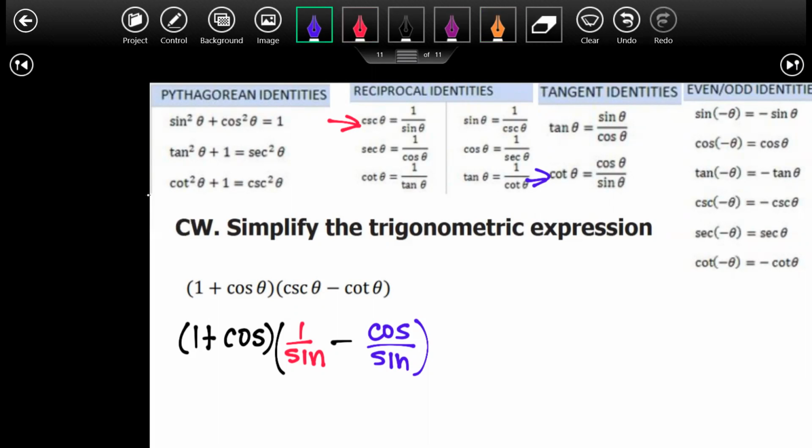If you're looking at the reciprocal identities, they all have some relation to sine or cosine. Even the Pythagorean identities, we can use sine and cosine. Tangent identities, sine and cosine. So they always involve using sine or cosine. So we convert them, and we have more tools to use in order to solve it.